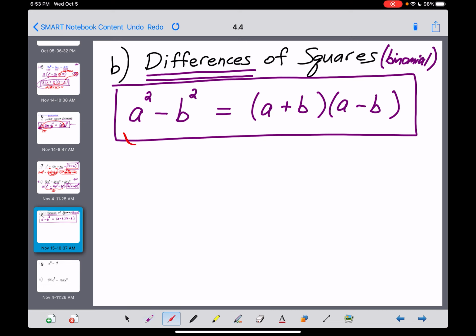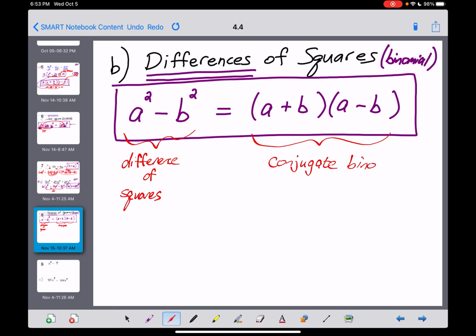of vocab. Now, one more time, this binomial right here is called your difference of squares. Okay? Two perfect squares, and they're being subtracted from one another. But this factored expression over here is what we call, and here's a vocab word, guys, two conjugate binomials.